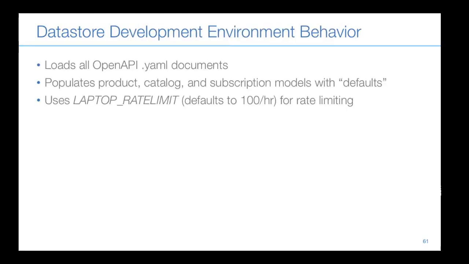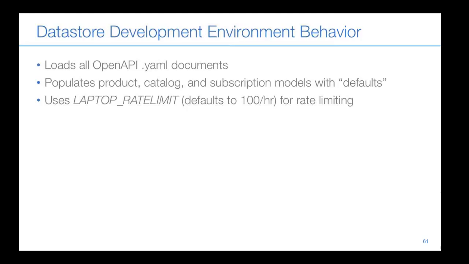And click on the next slide. So just two more slides here. The development environment, or offline experience: when the micro gateway starts, the data store will look in the relevant directory, load all the YAML documents, and assume that they're APIs, that they're really Swagger documents, and that will populate the API model.